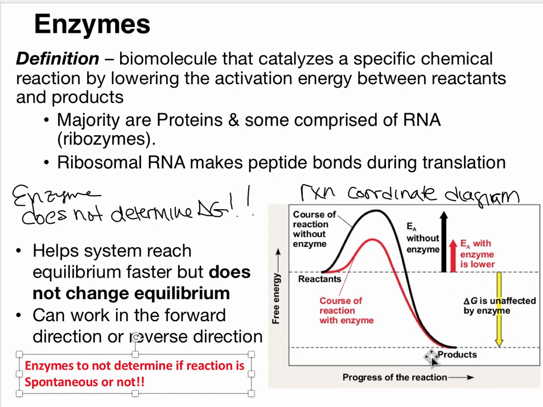All right, this is actually an exothermic reaction. It's negative, so it's favorable overall, and the overall delta G is unaffected by the presence of enzyme. The only thing that is affected is the activation energy required for the reaction to proceed. And so it's lowered, so those reaction rates are increased dramatically.